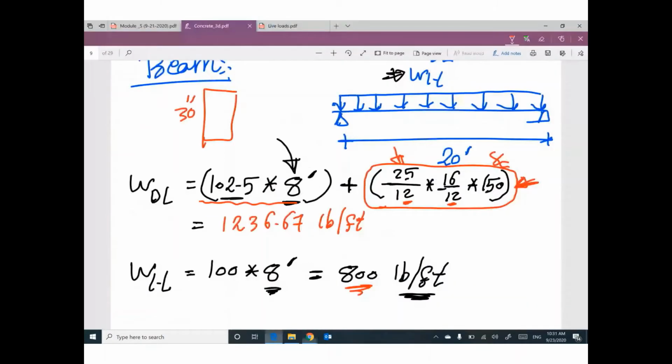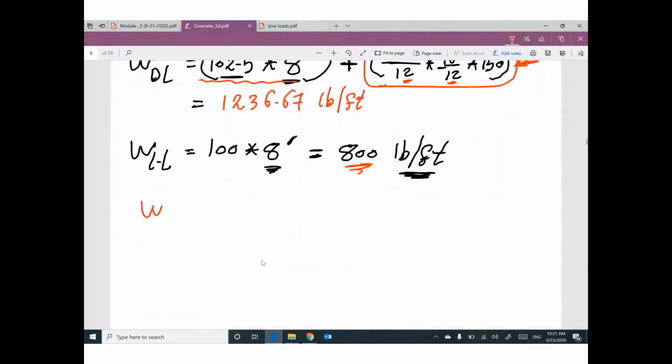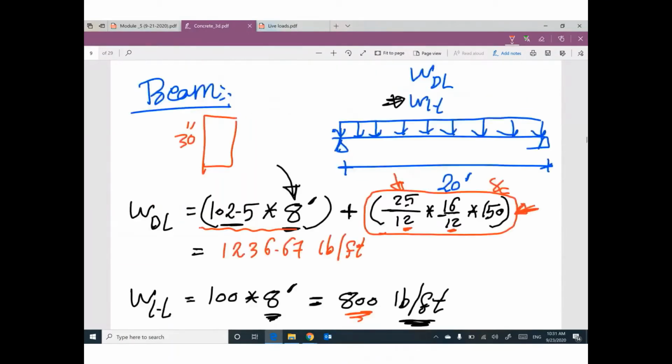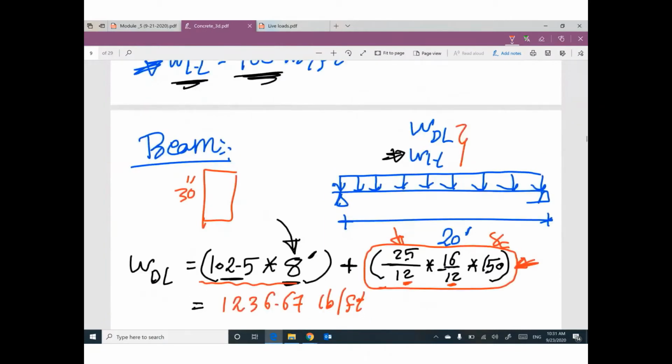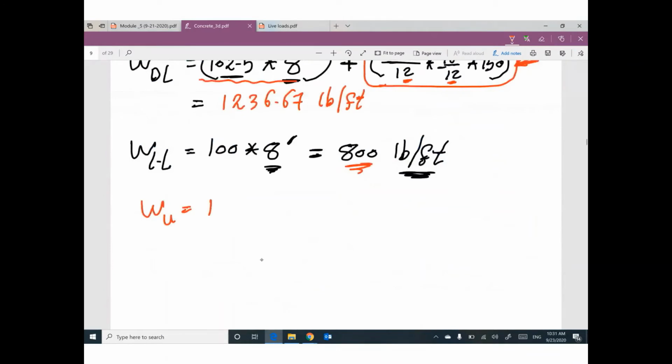So, W ultimate. We are on the final step right now because we converted everything to the beam as uniform distributed load. We have W dead load and W live load on the beam. So W ultimate will be 1.2 dead load plus 1.6 live load.